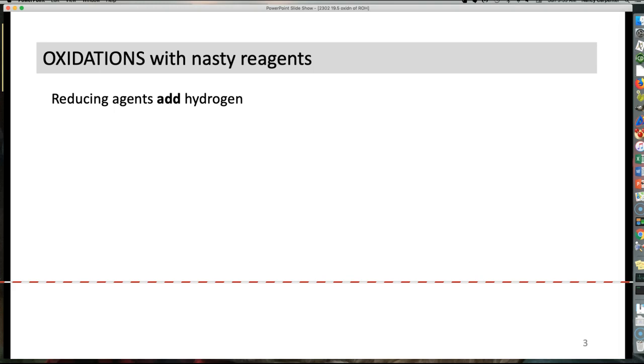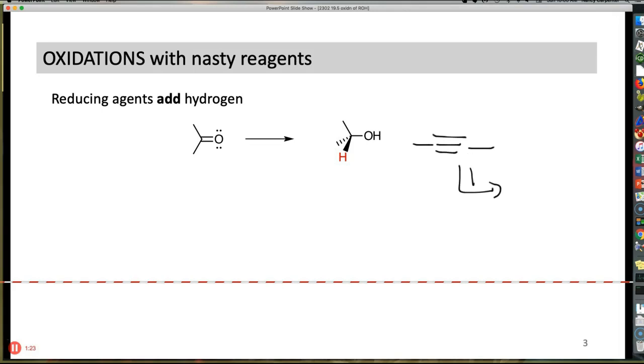Alright, so let's review what we know about reagents for reduction and oxidation. Reducing agents, of course, add hydrogens. We haven't exactly learned this one; that we will save for a little bit later in the course, but clearly we learned that if I add hydrogen in the presence of a catalyst, I'm going to get down to the alkane or the alkene.